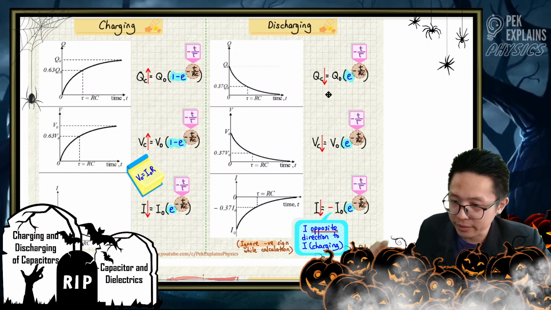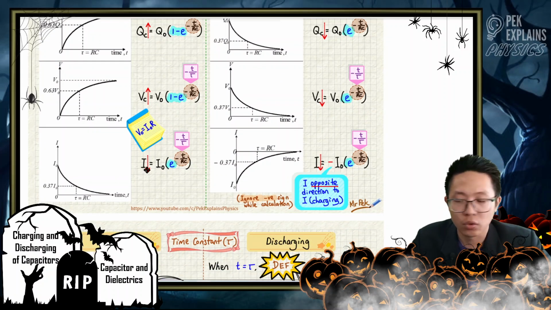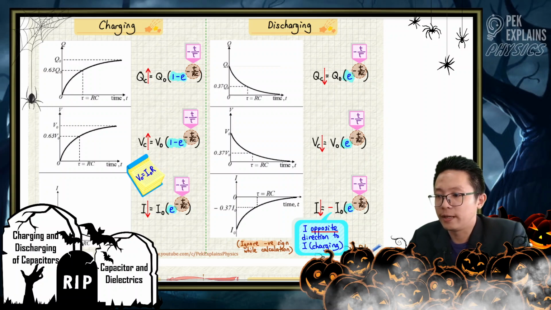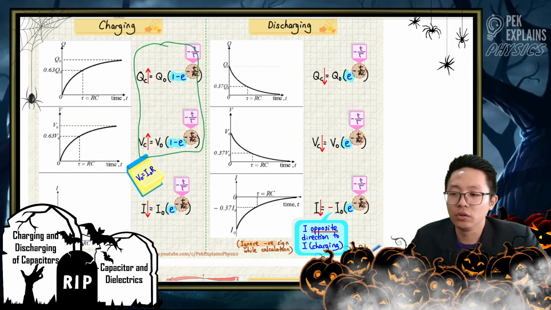But for all other quantities that decrease, like the current here, the voltage, and the charge in discharging, use epsilon. Only these two have 1 minus epsilon.